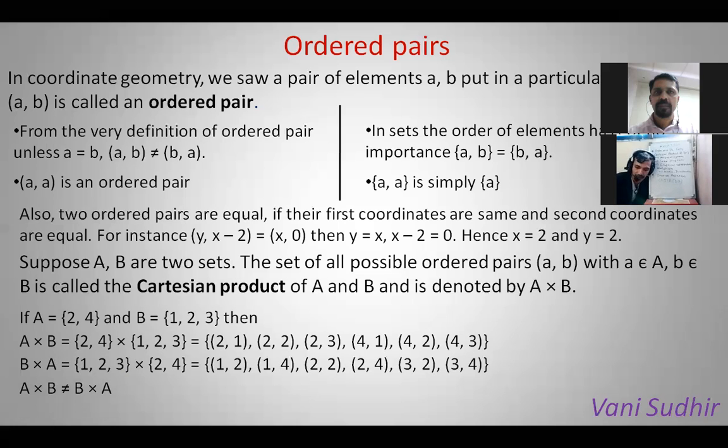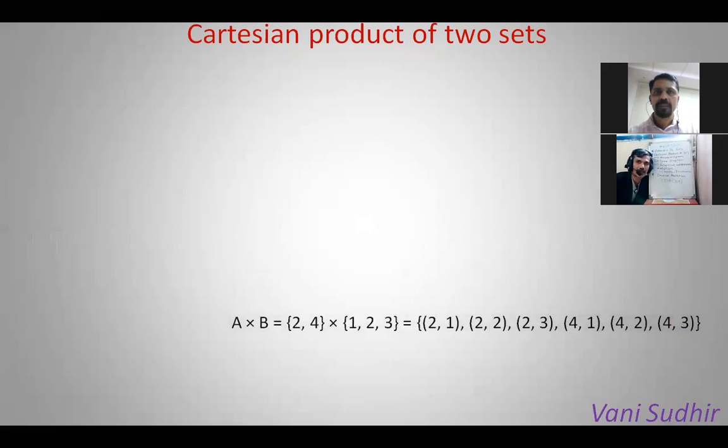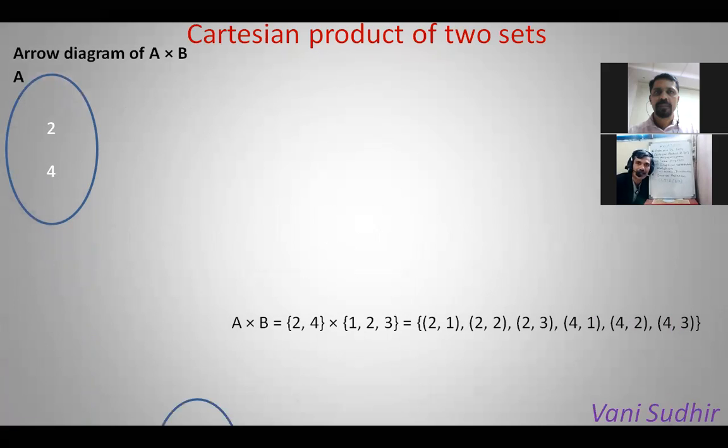To understand much better, I will present this Cartesian product in different forms. First I will present it with an arrow diagram. I have to write like this. First set A, I took elements 2 and 4. Next, set B has elements 1, 2, 3. Now I have to write the ordered pairs.